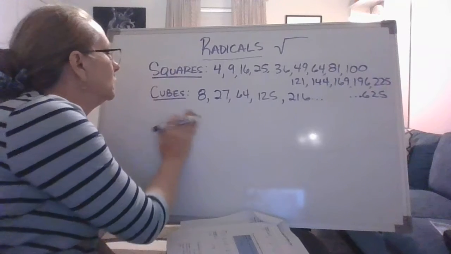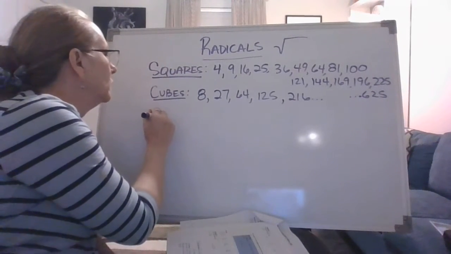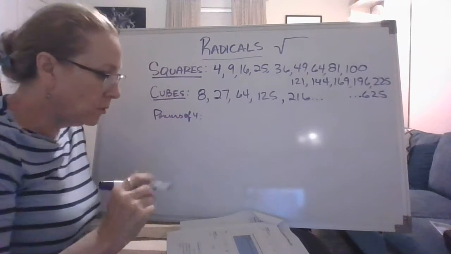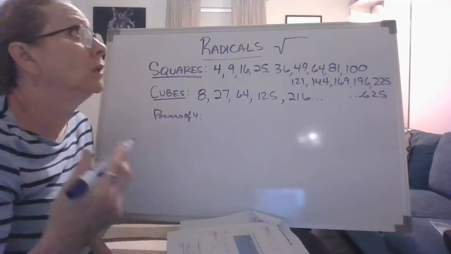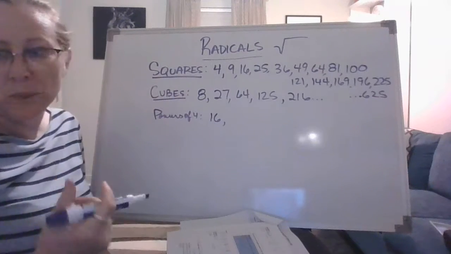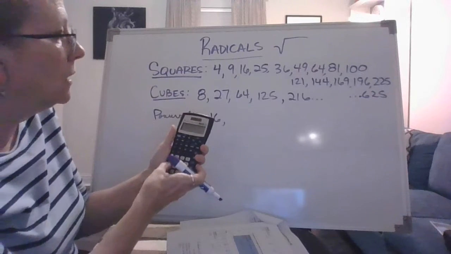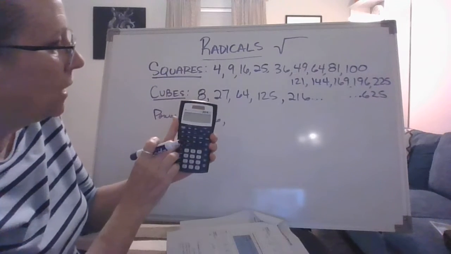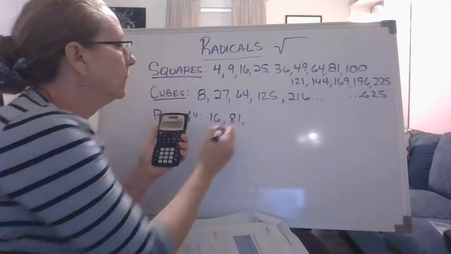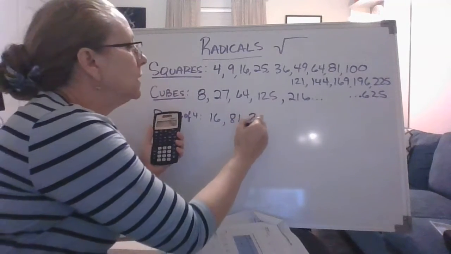Now, powers of 4. So 2 to the 4th, 16. 3 to the 4th. Now, obviously, for anything you're not sure what it is, you can make a list, you can say 3, hit the up arrow button to the 4th power, 81. 4 to the 4th, 256.